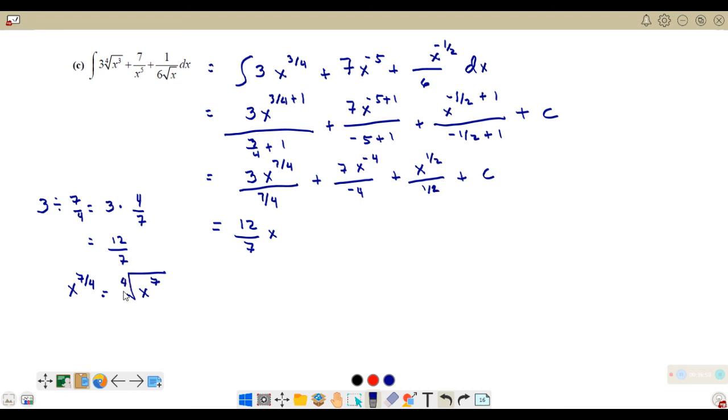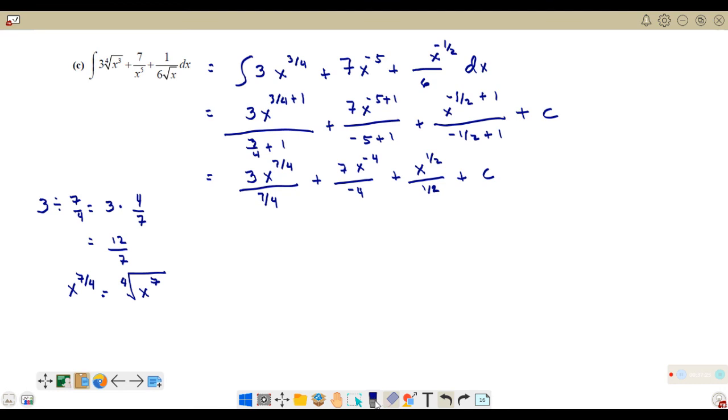And the index is 4. So, that is the fourth root of x raised to the power of 7. Sulat ko siya ng mas malinaw, kasi baka ma-misinterpret. So, this is 4, and this is 12 over 7.